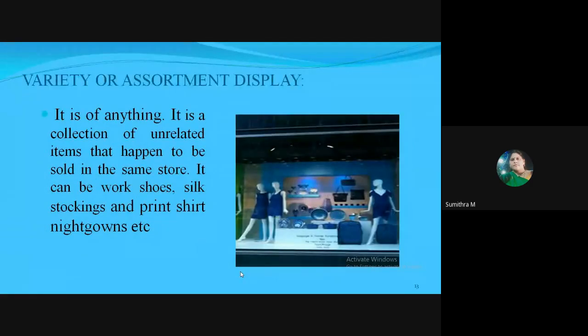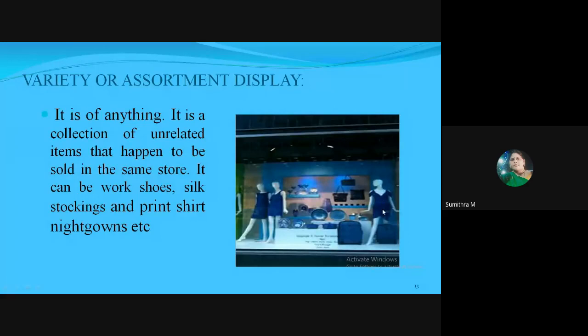Next one is assortment display. There won't be any rule. You may want to display only one garment, or only one designer's garments or pieces, or it may be some Titan watches, or it may be jewelry. Assortment means a variety of displays will be there. It won't be related to each other, and is named an assortment display.